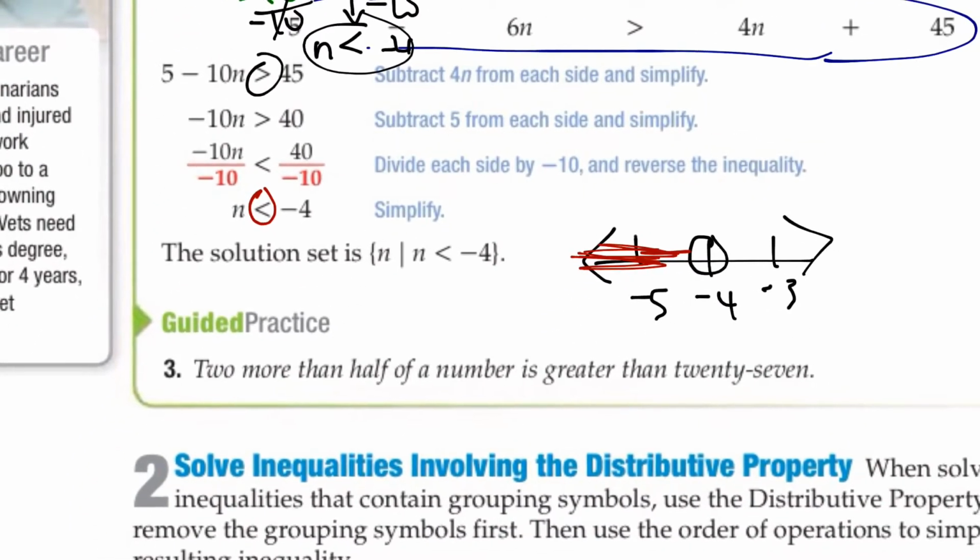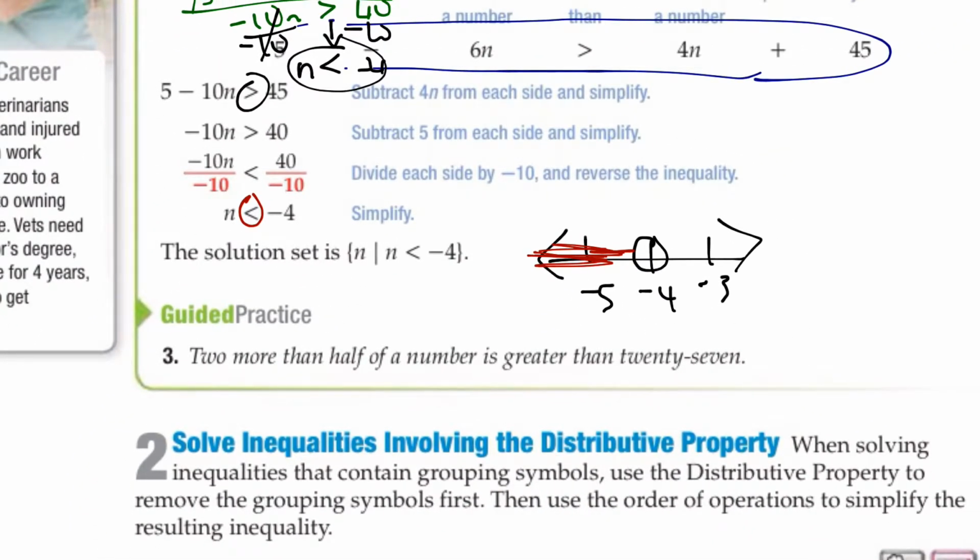Alright, so now this one in words. 2 more than half of a number, 1/2 of a number n, is greater than 27. So now I have to solve. Okay, I'm going to subtract 2.